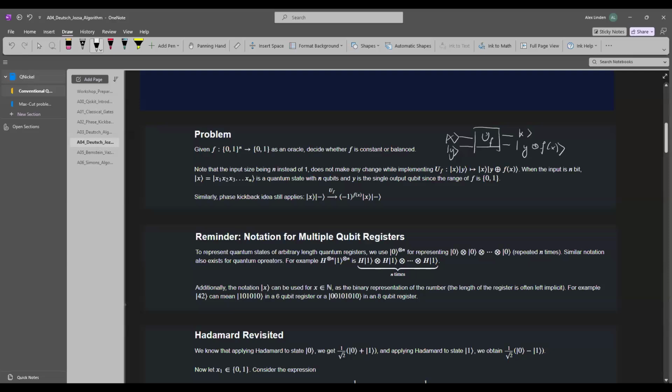But when x is an n-bit sequence, so for example, x is x1, x2, x3, etc. until xn, and y still will be a single output qubit just because the range or the output is 0 or 1. So this will apply. We're using the same model here. That's all right. And we're glad about this as well.